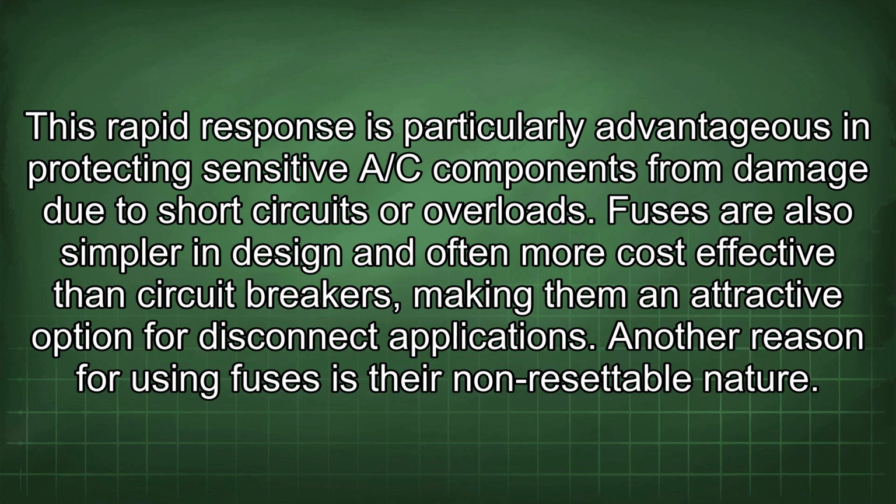This rapid response is particularly advantageous in protecting sensitive A/C components from damage due to short circuits or overloads. Fuses are also simpler in design and often more cost-effective than circuit breakers, making them an attractive option for disconnect applications. Another reason for using fuses is their non-resettable nature.